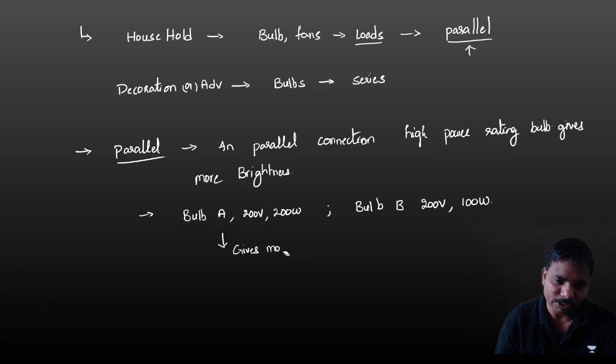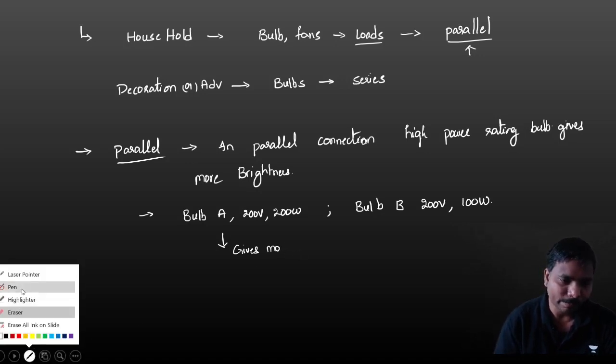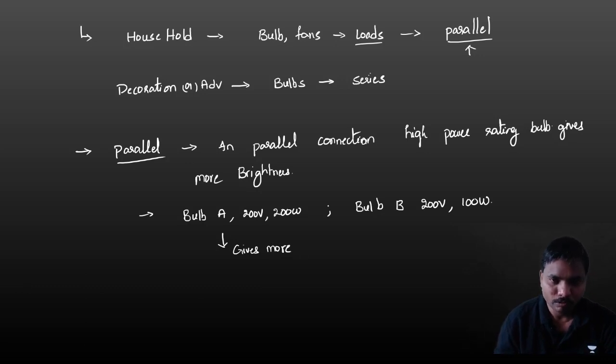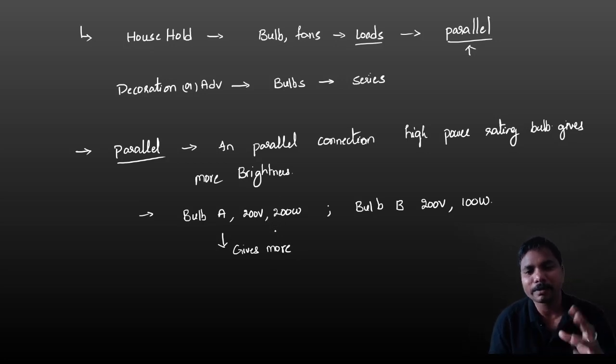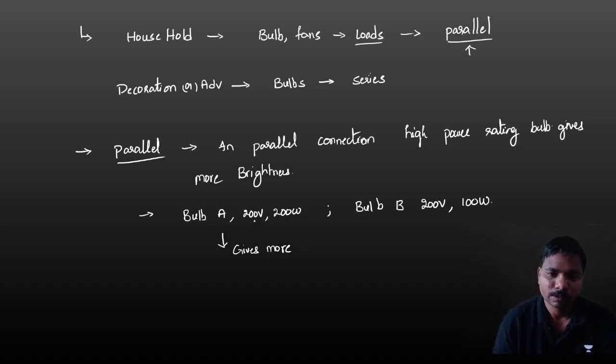We can also understand this with a real-time example. In our houses, bulbs are connected in parallel. Nowadays we are using LEDs: a 12 watt LED bulb gives more brightness than a 6 watt LED, correct? So here also, bulb A gives more brightness.